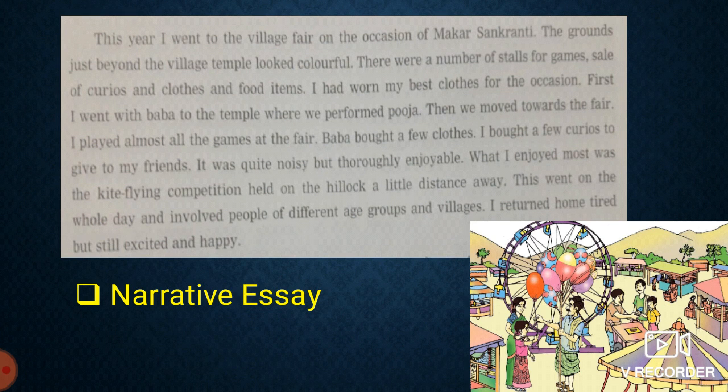The grounds just beyond the village temple looked colorful. There were a number of stalls for games, sale of curios and clothes and food items. I had worn my best clothes for the occasion. Now you are explaining yourself. You are explaining your own experience.